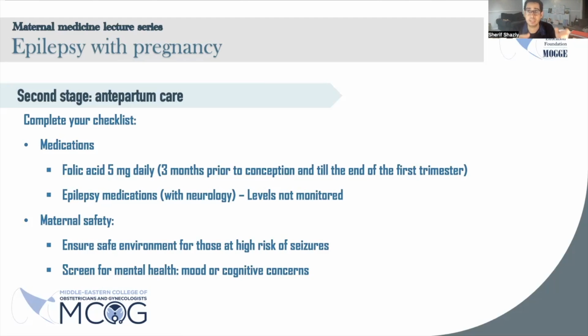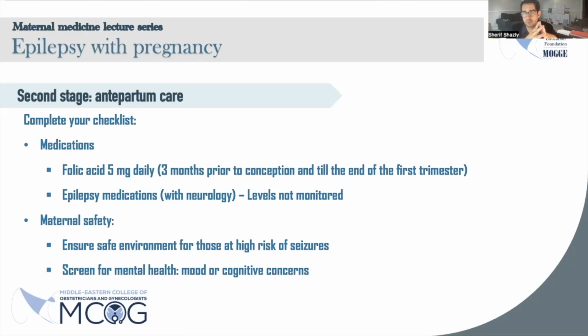But as we said, she should be following up with a neurologist. You don't typically do blood tests to monitor the level. That's not something that we do, and we don't have to. So you just need to keep her on the medications, be sure that she's under control, and there is free communication with the neurologist about that.